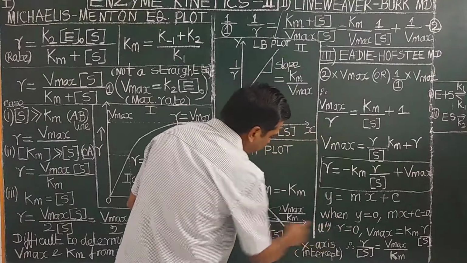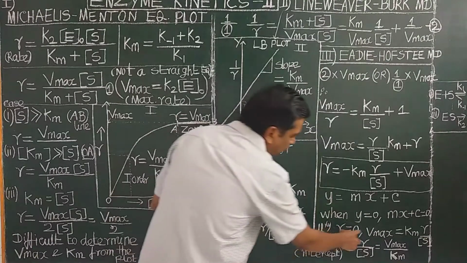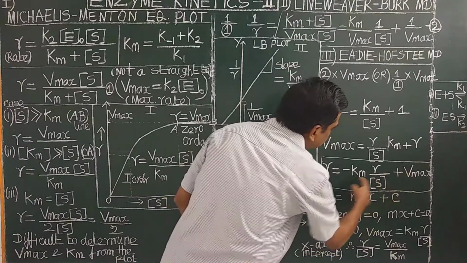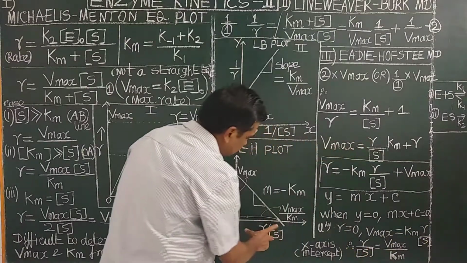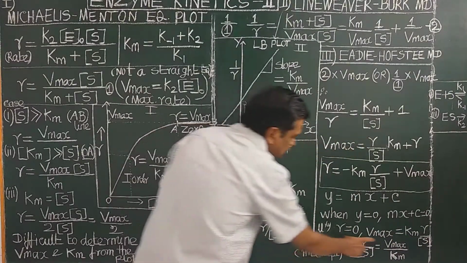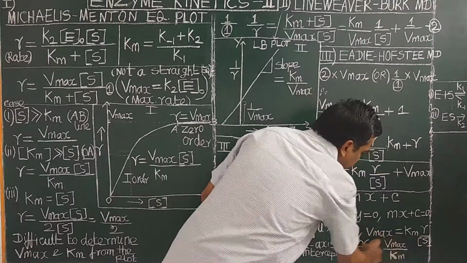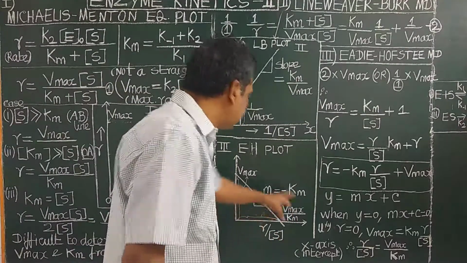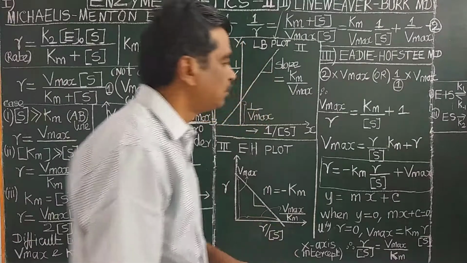Similarly, you put r equal to 0 in this equation, then Vmax equals Km r by s. Therefore, r by s, the x-axis intercept, equals Vmax divided by Km. So, from the plot, the x-axis intercept, y-axis intercept and slopes are obtained.